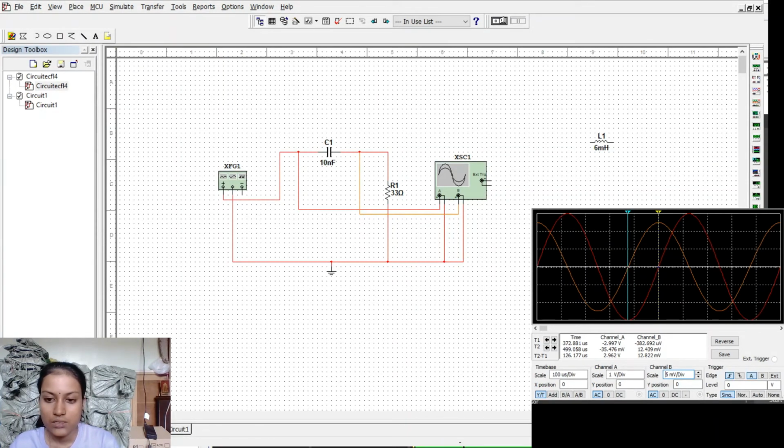To find the phase angle, we use 360 degrees times 126.177 over the period of both signals, which is 500.942, and we got 90.68 degrees.